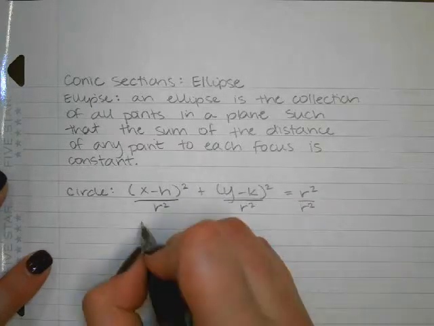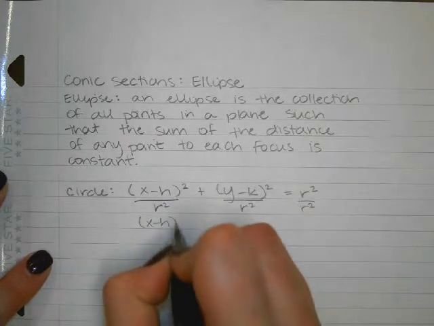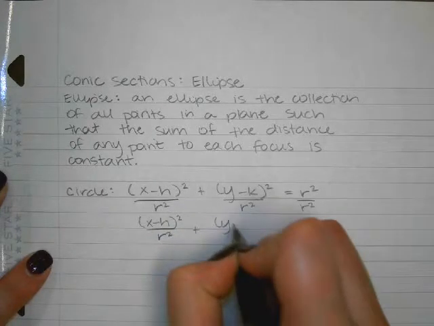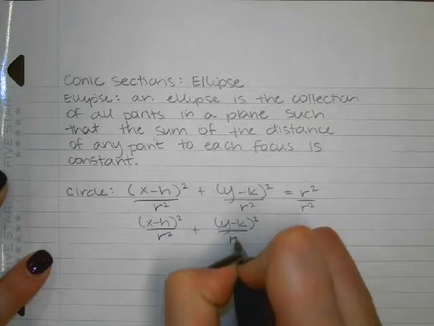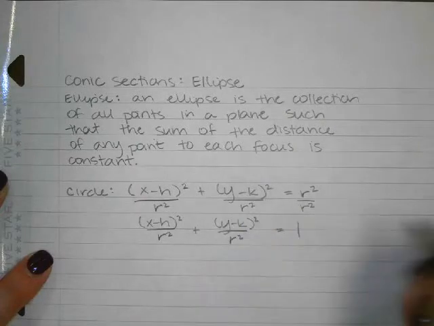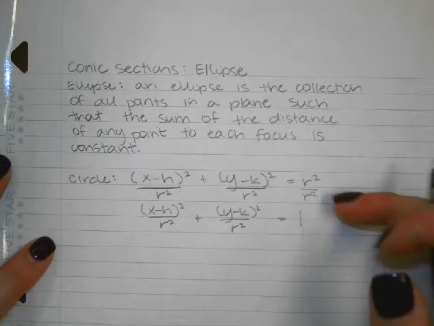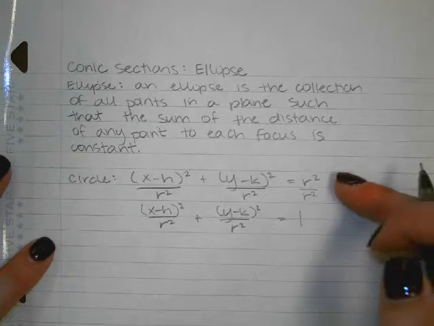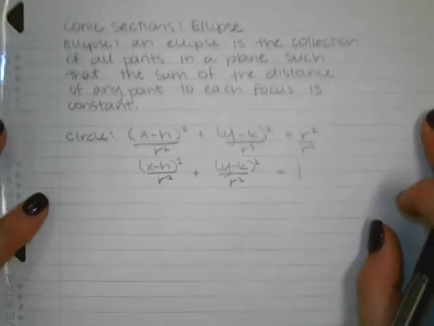And so you could say the equation of a circle is (x minus h) squared over r squared plus (y minus k) squared over r squared equals 1. So we have two different ways of looking at the equation of a circle. The first one is to set it equal to r squared. The second one is to set it equal to 1.